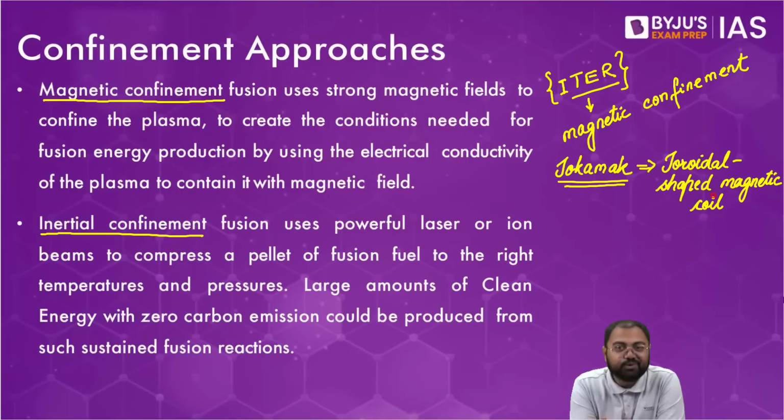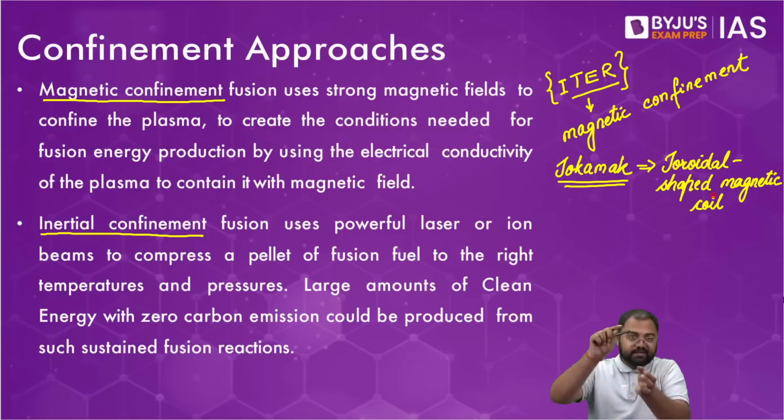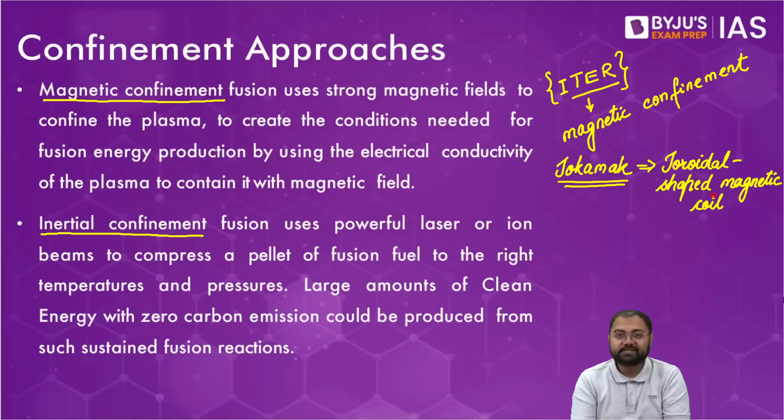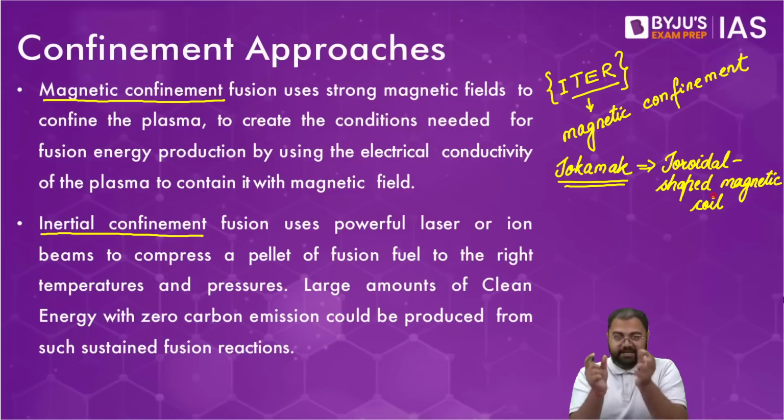So the shape of the donut basically is the toroidal shape, or in a manner you can say a tire. If you see a tire, a tube tire, it is like a ring, correct? It's like a ring. So that tire shape or the shape of the donut is called a toroid. All right, this is called the toroid shape. Yes, like medu vada. That's a perfect example. So this kind of shape is called the toroidal shape.